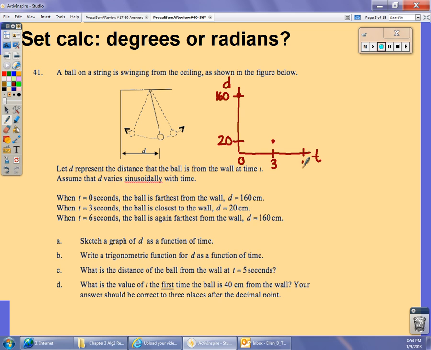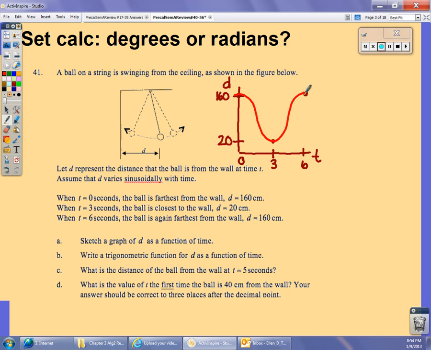And at t equals 6 seconds, again the ball is farthest from the wall at D equals 160 centimeters. Now, if we connect these, we see that this represents a cosine function that looks like that.